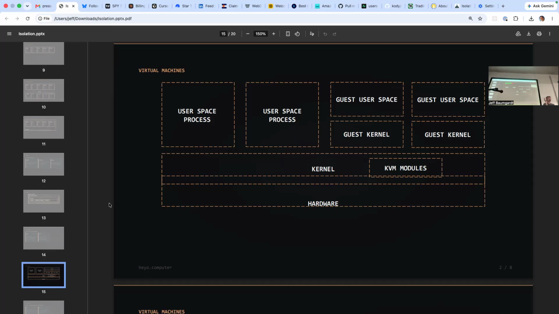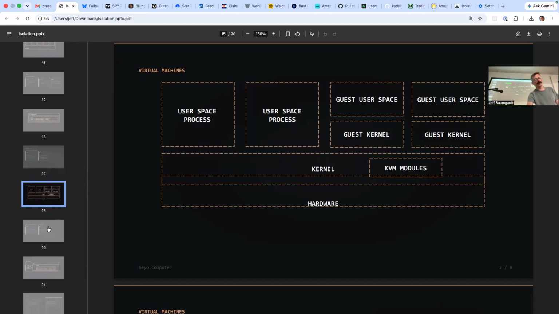So the user space is completely segregated in a virtual machine, which makes the bounds of that isolation extremely tight. Rather than having a lot of logical processes, which are things like cgroups and namespaces to provide isolation, this is essentially a walled garden, and nothing can transit between user space. So this really creates the tightest level of isolation that we can get.